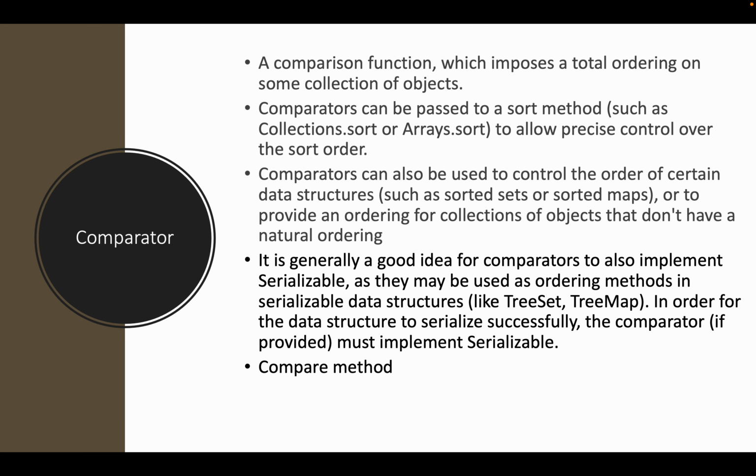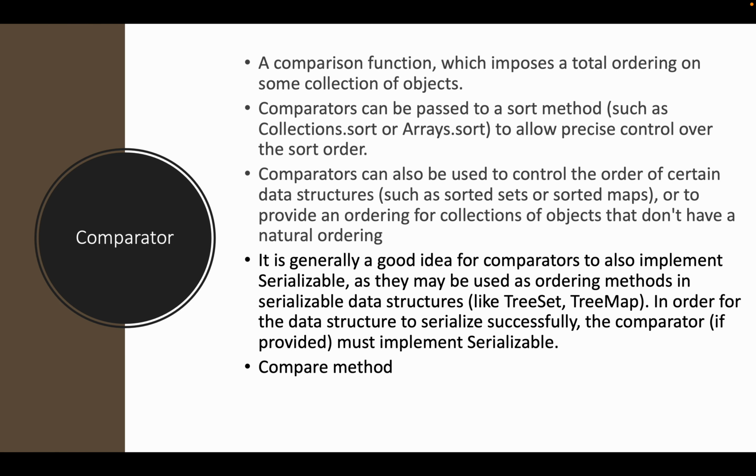Comparators can be passed to a sort method, such as Collections.sort or Arrays.sort, to allow precise control over the sort order. Comparators can also be used to control the order of certain data structures, such as sorted sets or sorted maps, or to provide an ordering for collections of objects that don't have a natural ordering.